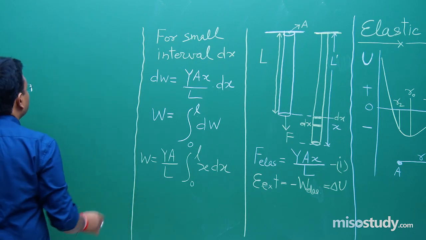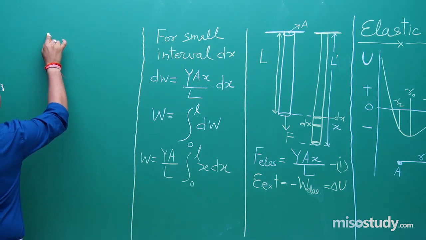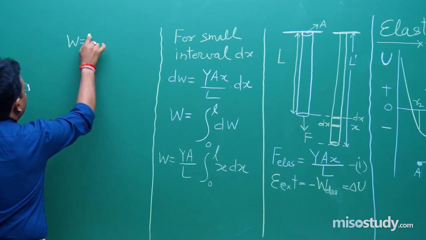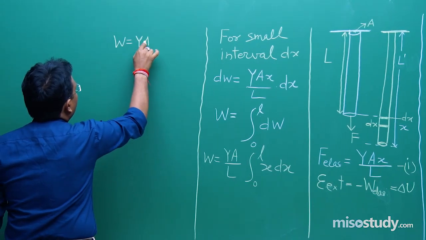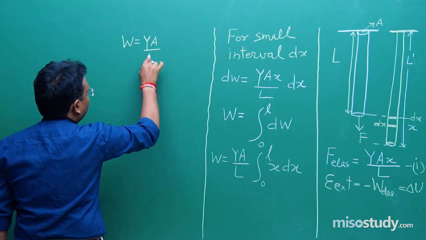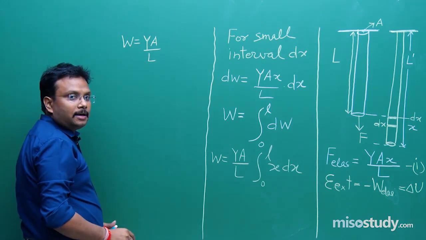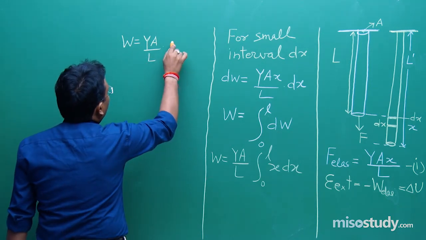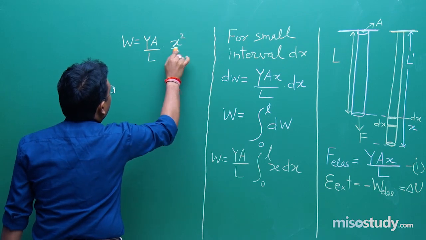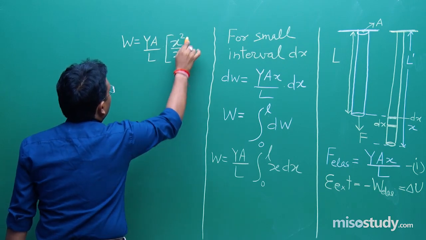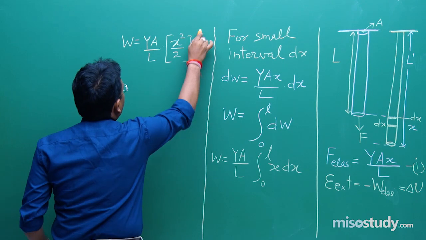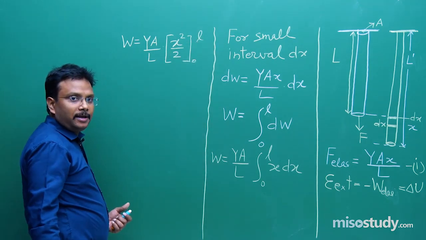That is, W is equal to YA by L into x square by 2, from 0 to L. Fine.